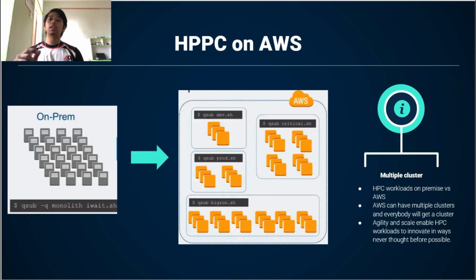So on AWS, it can have multiple clusters, and everybody gets clusters, including production, R&D, and dev tests. If logistics needs to run a forecast to determine the best and safest route for drivers, they also get their own clusters. At AWS, agility and scale enable HPC workloads to innovate in ways never thought possible.